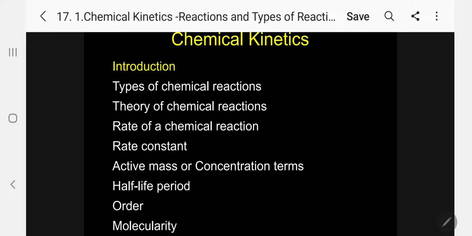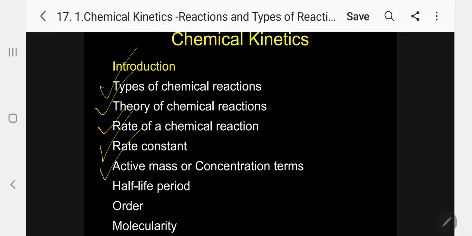Before entering into chemical kinetics, let me give some introduction. What are the subunits we are going to discuss under chemical kinetics? Number one, types of chemical reactions. Number two, theory of chemical reactions. Number three, rate of chemical reactions. Number four, rate constant of chemical reactions.